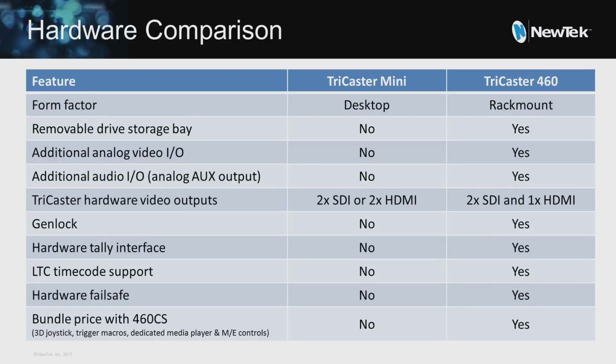And then the last thing, and this is more just a pricing thing, but just to keep in mind, is that there is the bundle pricing for the 460 with the control surface. So, if somebody's looking at the 460 control surface, which you can use on a Mini as well, and some people might get because they want that larger control surface with the joystick, with the DDR controls, the dedicated ME controls. It's just more in front of you. You can launch macros from it and stuff like that.